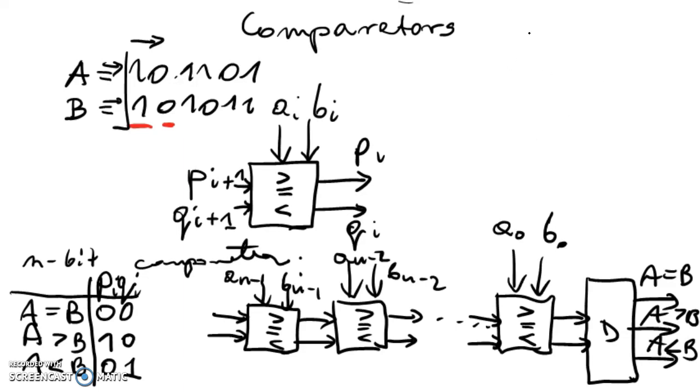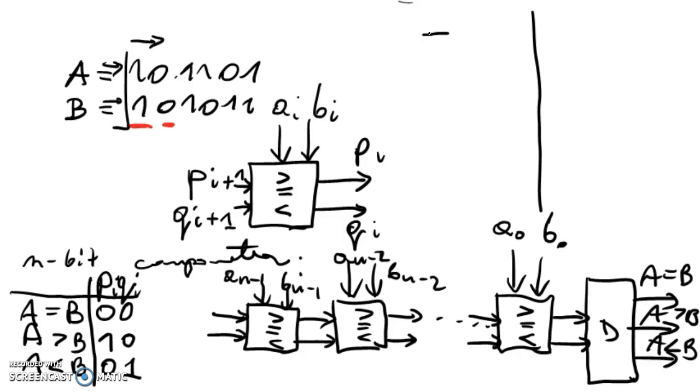And the next step is to derive the truth table. I will do it partially only, okay? To be completed at home, by you.